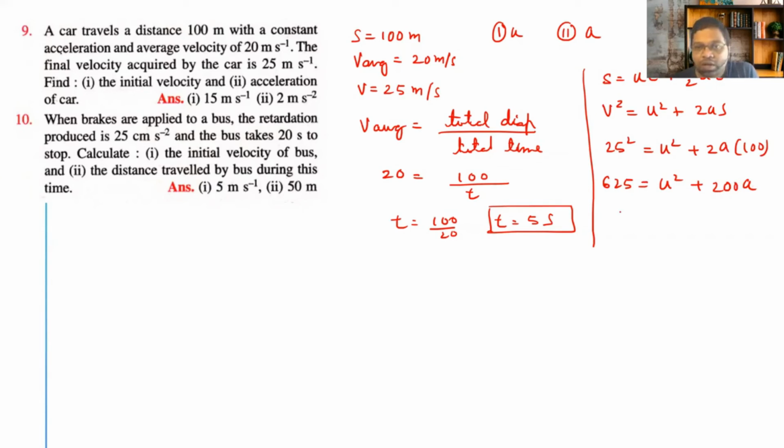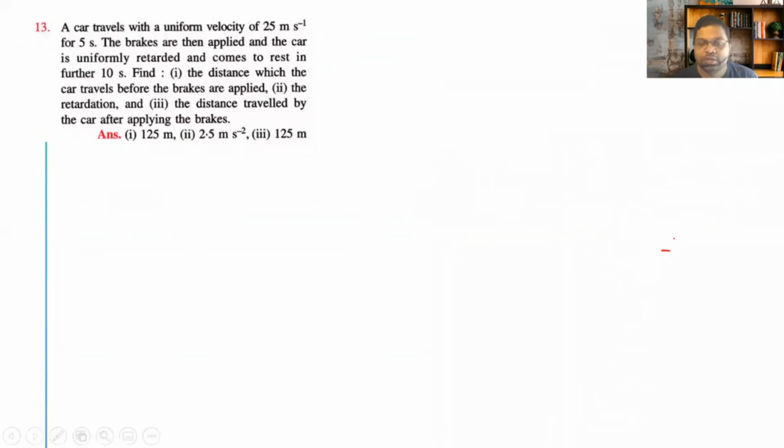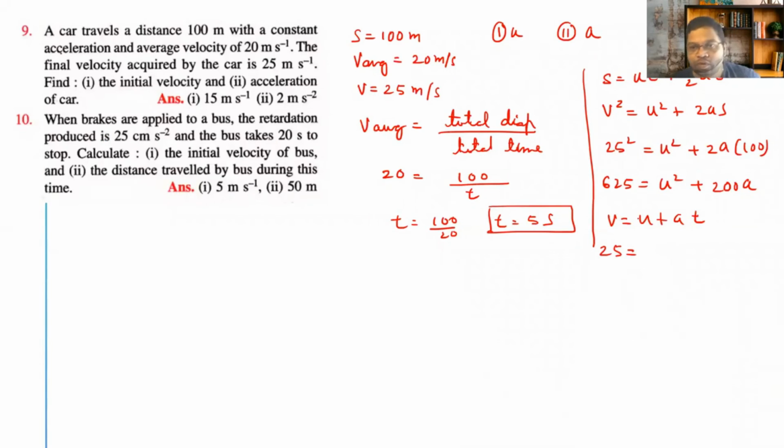Another formula that we have is v is equal to u plus at. So 25 is equal to u plus a into 5. So let me write down that u plus 5a is 25.